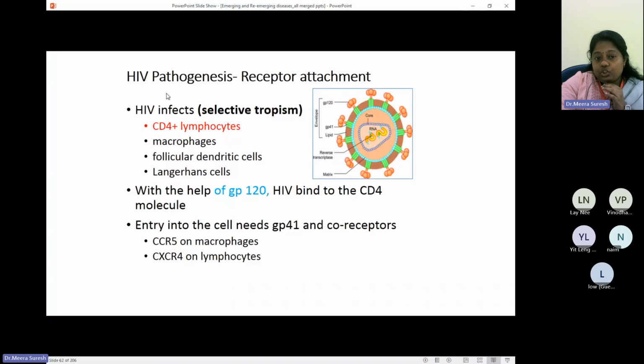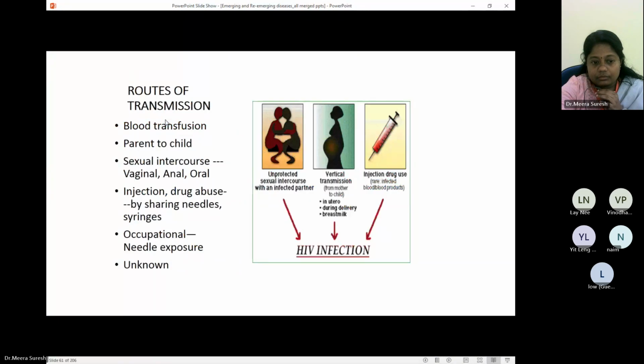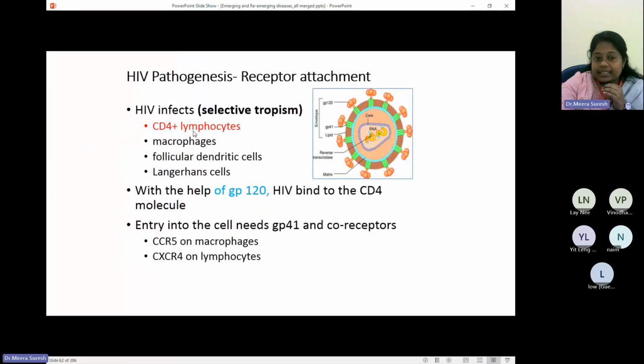Now, HIV pathogenesis. How is it getting attached? We saw that HIV has a selective affinity towards the CD4 lymphocytes, and also other immune cells, macrophages, dendritic cells, Langerhans cells, etc. But mostly it is the CD4 T lymphocytes.